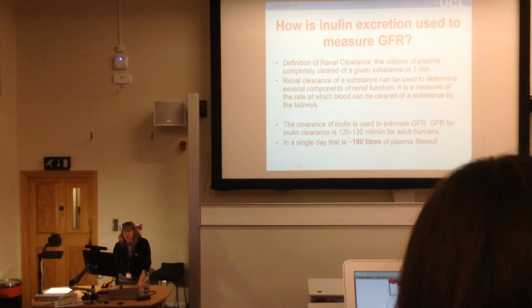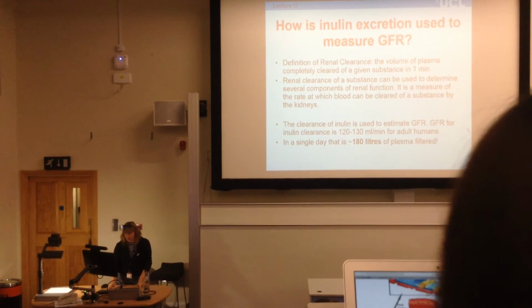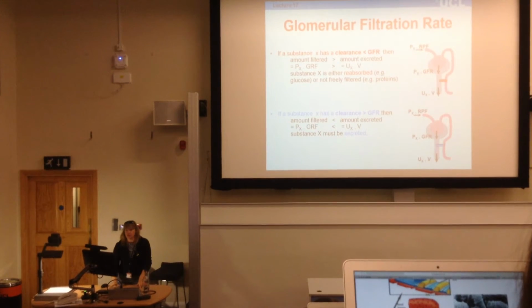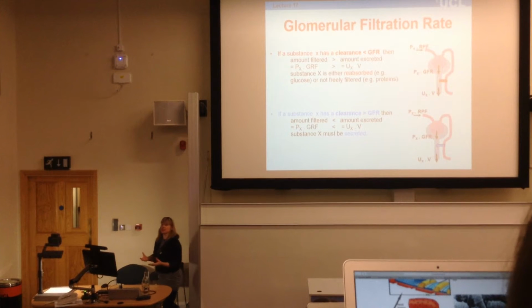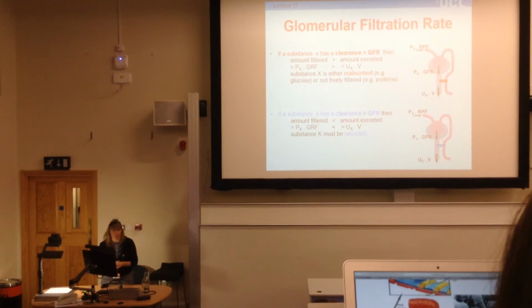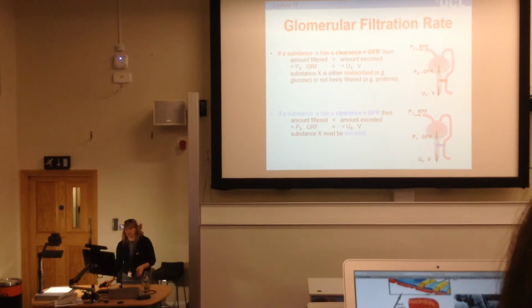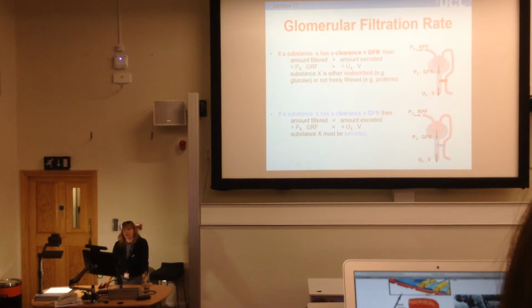So we can use the estimate of glomerular filtration rate that inulin gives us to work out what's going on overall in the kidney with other factors that the kidney is clearing from the blood system. So if we look at a substance and calculate its clearance, again taking urinary concentration, the amount of urine that's formed, and dividing that by the plasma concentration, we can work out the clearance of any substance. So it can be a drug, it can be another molecule in the body.